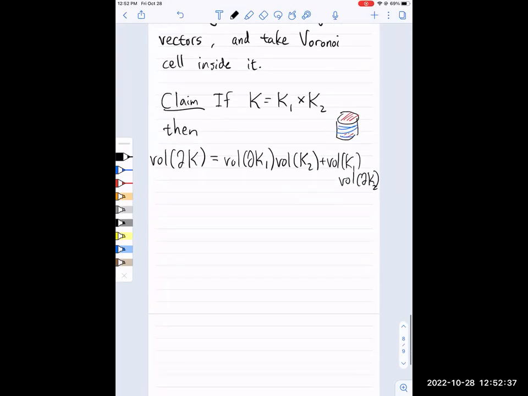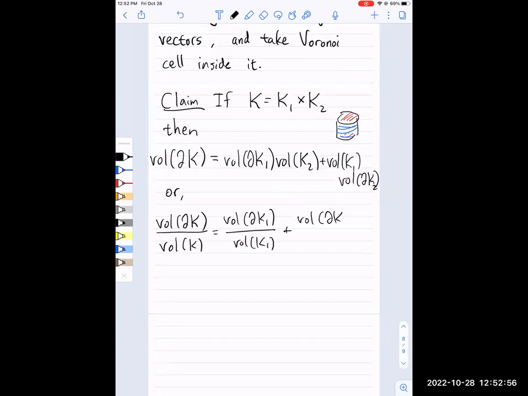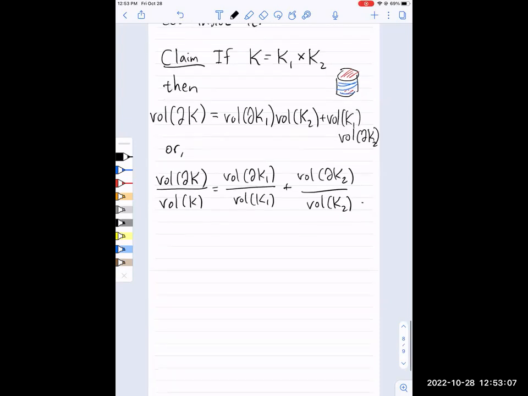And if I divide everything by the volume of K, I'll get a nicer form, the form I want you to remember: the surface area of K divided by the volume of K is equal to the surface area of K1 divided by the volume of K1 plus the surface area of K2 divided by the volume of K2. And now you see why I like this quantity, surface area divided by volume, because it's additive under product. It behaves additively under product. It's very nice to work with.